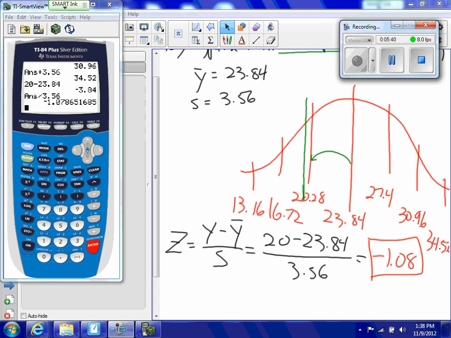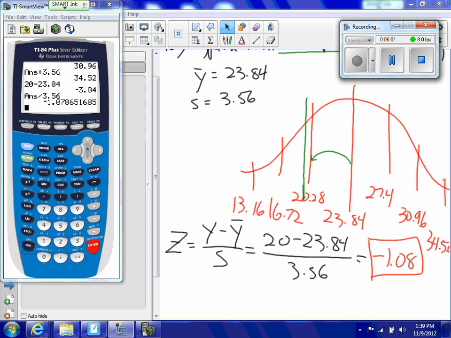The next part of this question asks, which would be more unusual? A car traveling 34 miles per hour or one going 10 miles per hour? When we're talking about more unusual, we're saying which one of those cars is farthest away from the usual, farthest away from the average, farthest away from the mean.